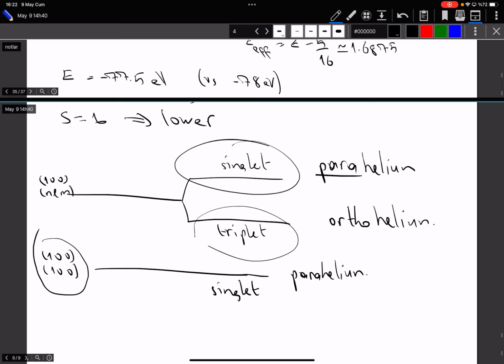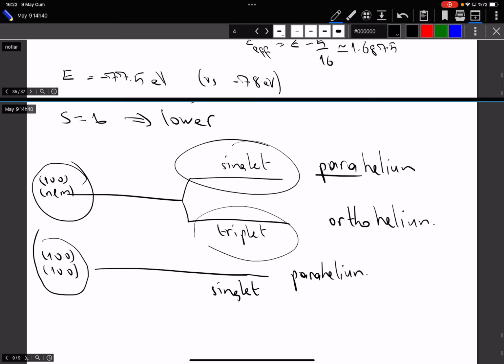So their spin has to be singlet. If the two electrons are in different NLM states, then I can have a symmetric wave function, anti-symmetric wave function, etc. Of course, when you calculate the shifts in these energies or the energy eigenvalues, etc., you have to use the corresponding wave function, but the arguments will still hold.